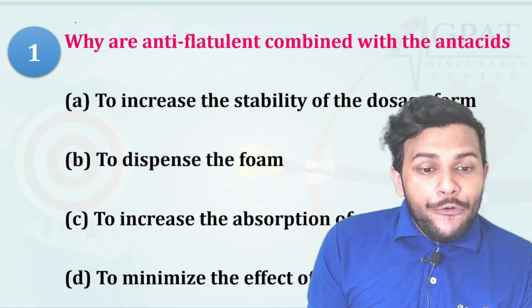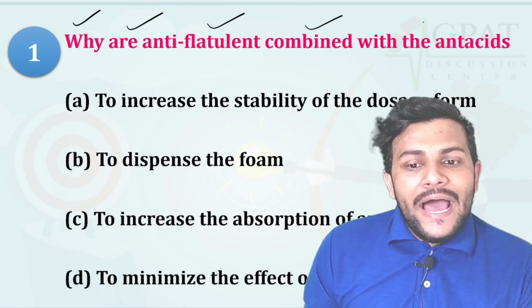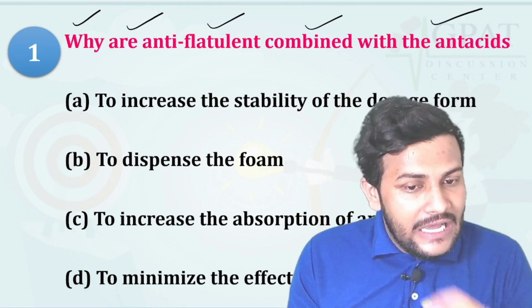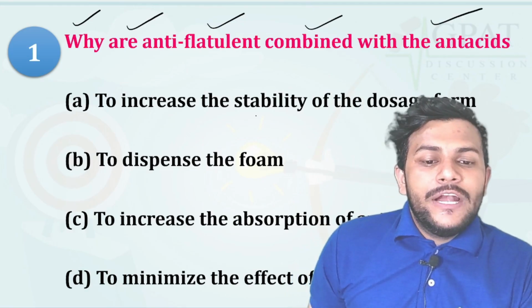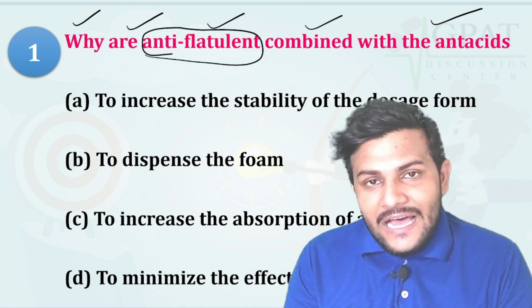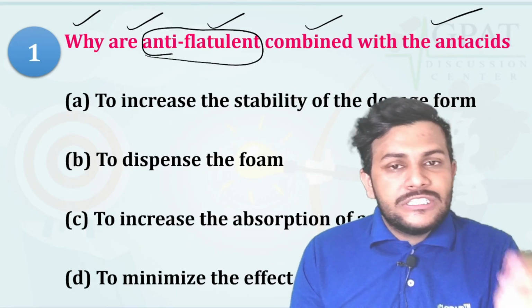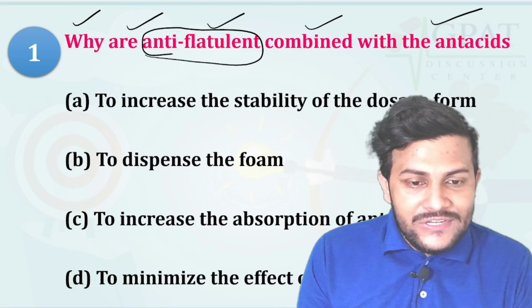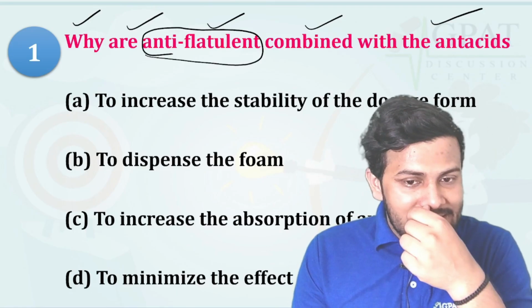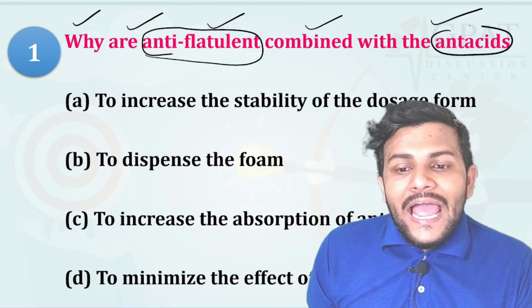Why are anti-flatulents combined with the antacid? Anti-flatulents are drugs used to prevent the evolution of methane and carbon dioxide gas, and they are basically combined with the antacid.